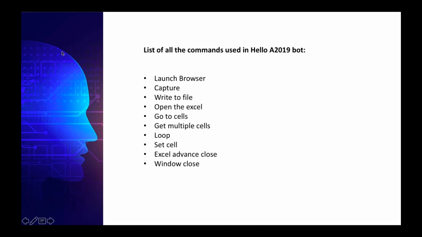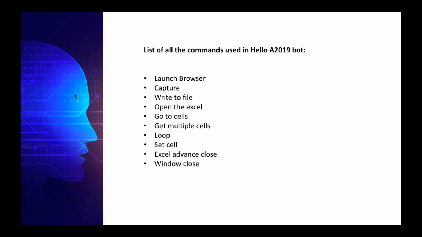We asked them a couple of questions to understand their workflow, after which we divided it into four steps. The first step was extracting the data from the web portal into a CSV file, which is nothing but an Excel file. This is done by three commands: launch website, capture, and write to file.